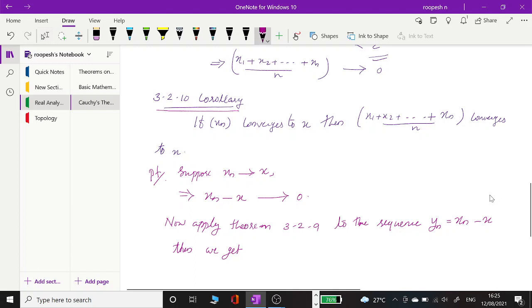So we get that will converge, by direct application, x1 plus x2 plus etc. plus xn by n, which converges to x. Exactly, you will get this sequence xn minus x converges to 0. So in particular this sequence will converge to x.